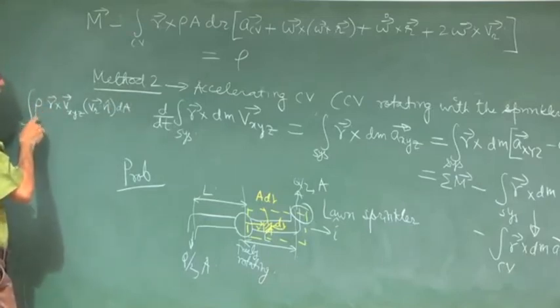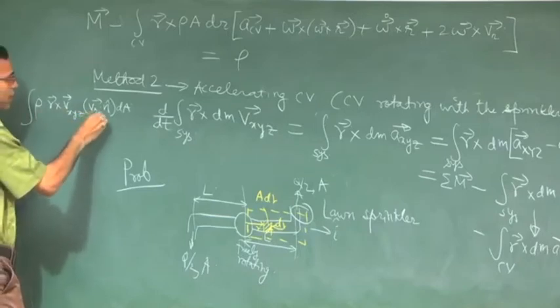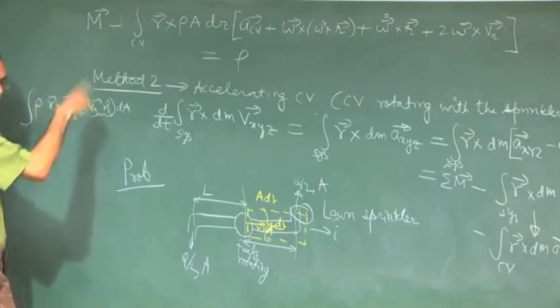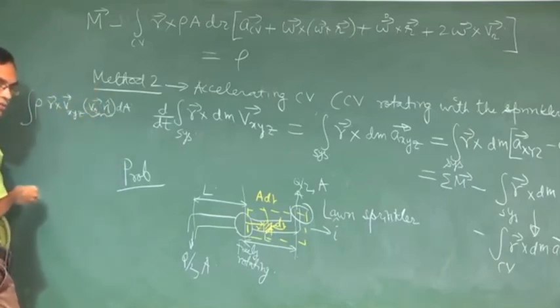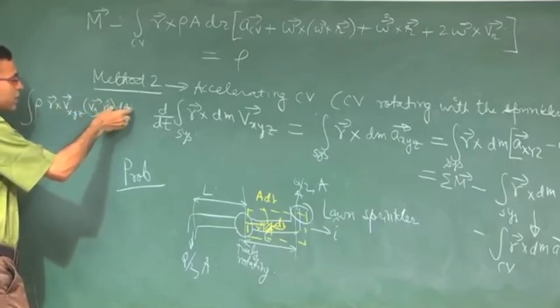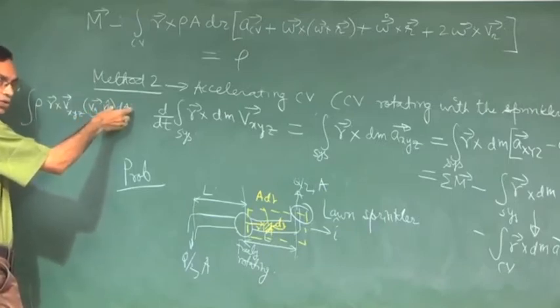So what is this? This is simply, with respect to the rotating frame, what is coming out. So rho into this integrated is just q by 2.